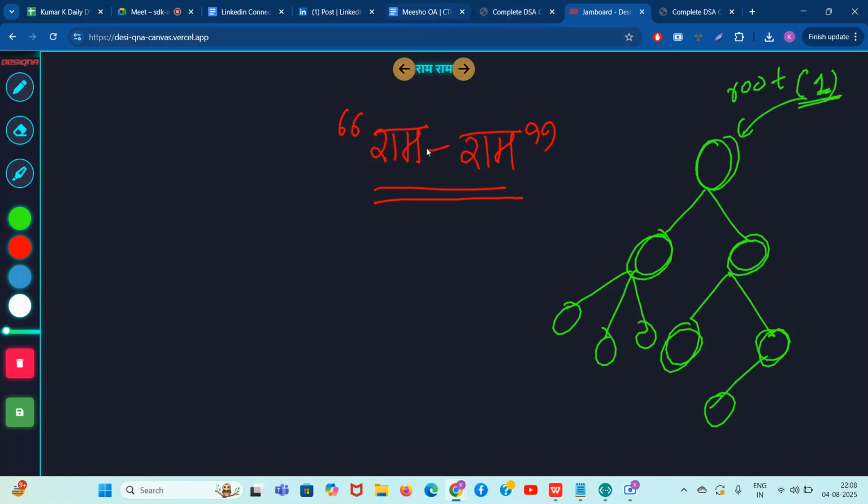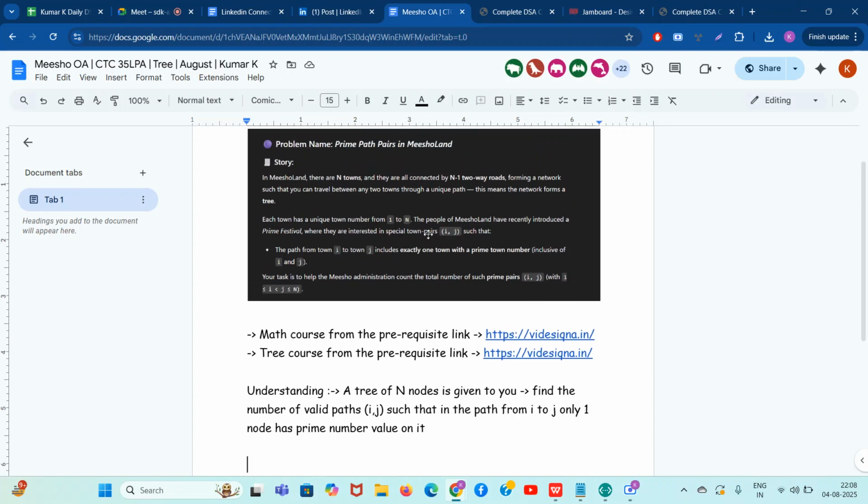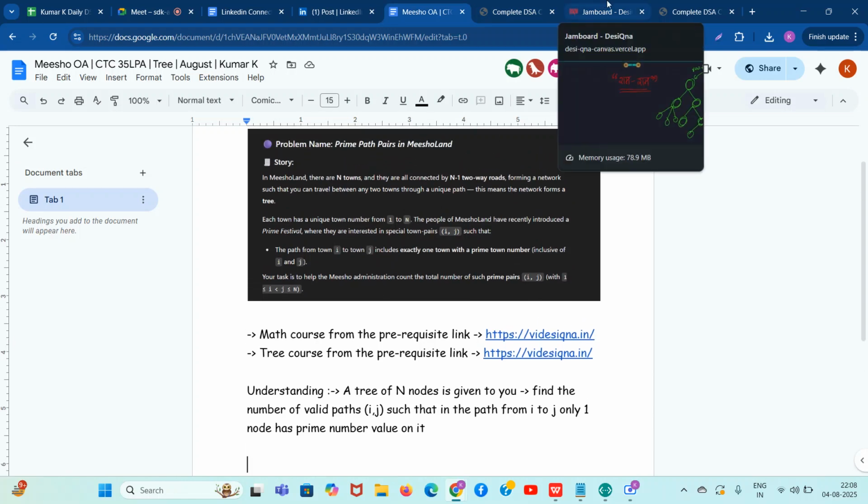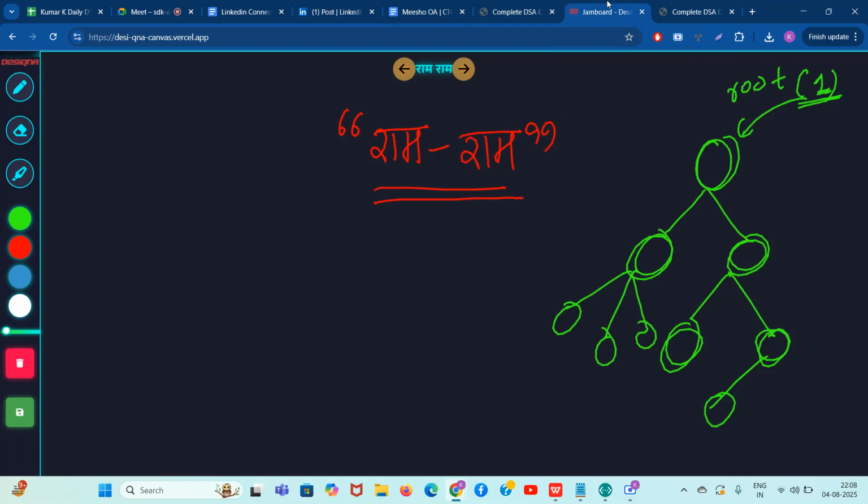In this question, there is no root defined. Let's see how many nodes are there in the tree. N nodes are there, so here n is what: 1, 2, 3, 4, 5, 6, 7, 8, 9, 10, 11, 12. So there are 12 nodes.